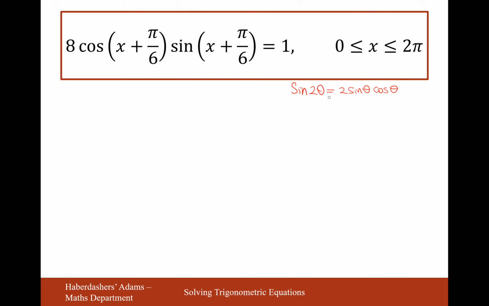Okay, so what I could do now is I could put the theta in for pi x plus pi by 6 and end up turning this equation on the top here into 4 sine 2 theta, and 2 times this angle here will be 2x plus pi by 3 equals 1.